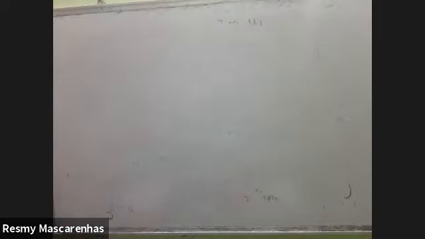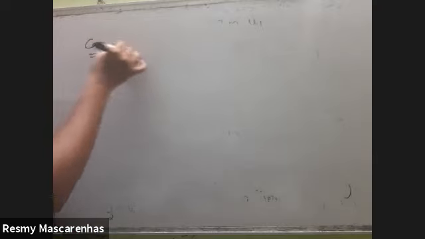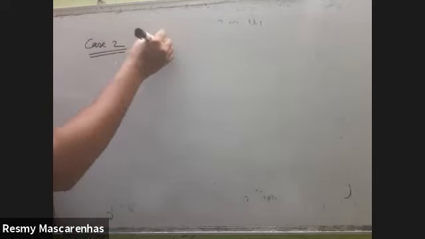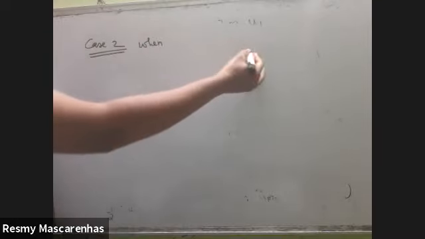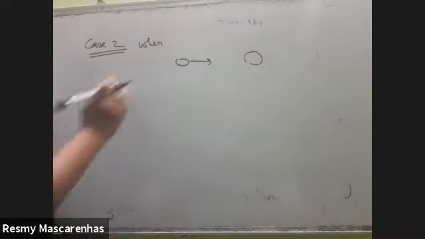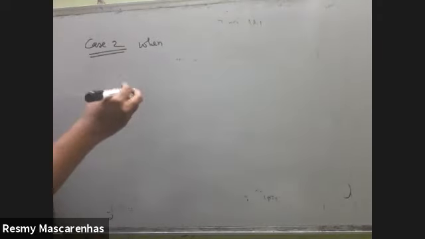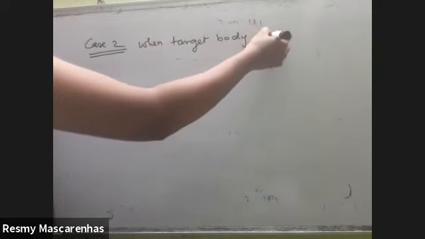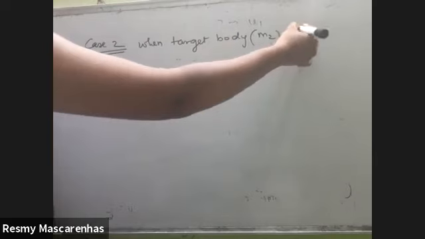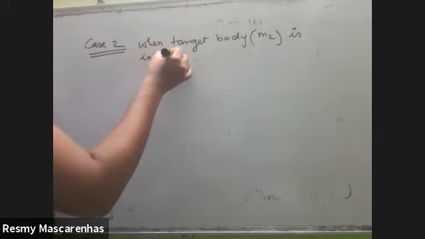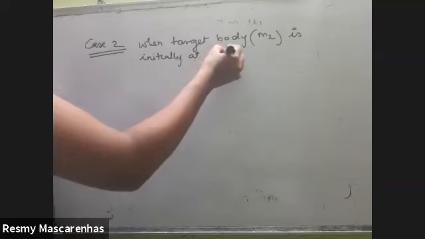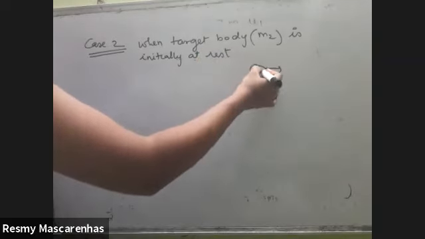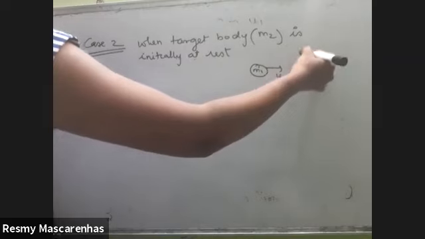Another case is case 2, when the target body is at rest, meaning one body is at rest and the other one is moving and hitting it. So basically this one is moving but M2 is at rest.